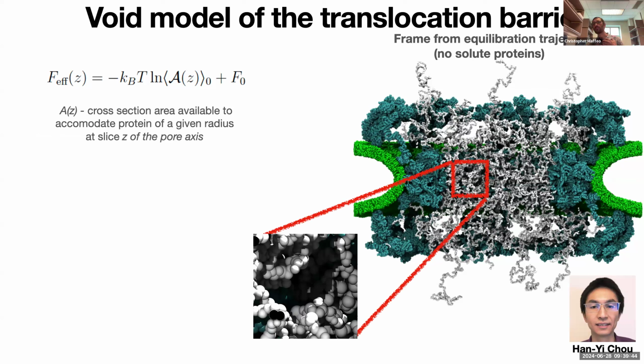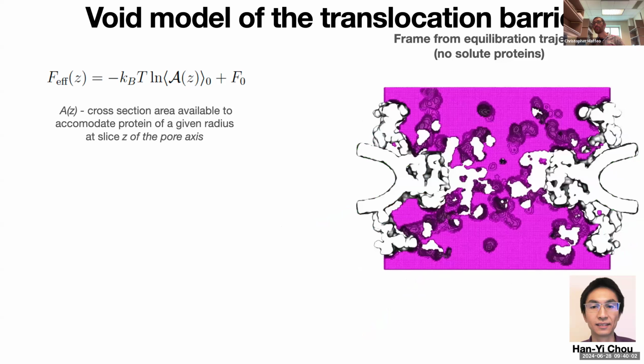You basically say a protein of a particular size cannot be in contact with any bead of the mesh, and then you construct a map of the accessible parts of this volume to a protein of a given size. So this map would be different for every different protein that I showed earlier.